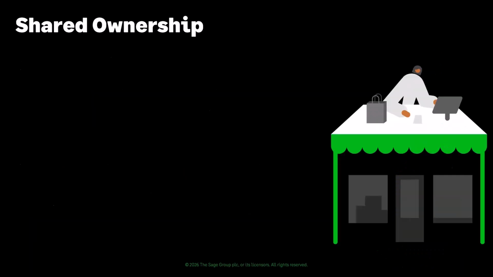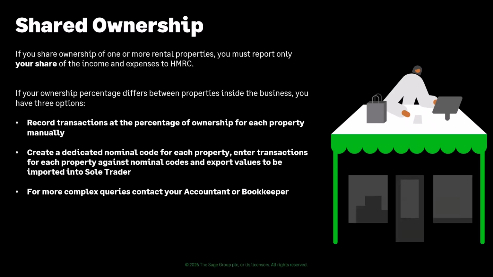Next, I want to move on to shared ownership. If you share ownership of one or more rental properties, you must only report your share of the income and expenses to HMRC. If your ownership percentage differs between the properties inside the business, you have three options. You can record transactions at the percentage of ownership for each property manually.